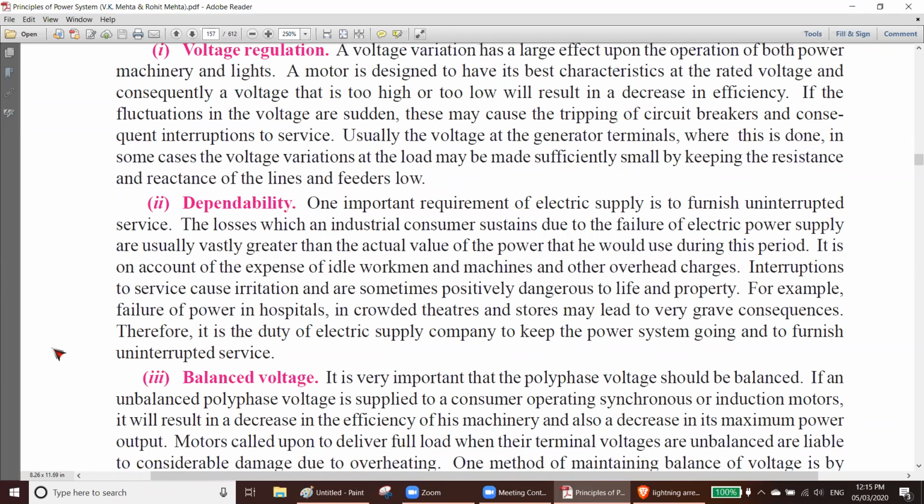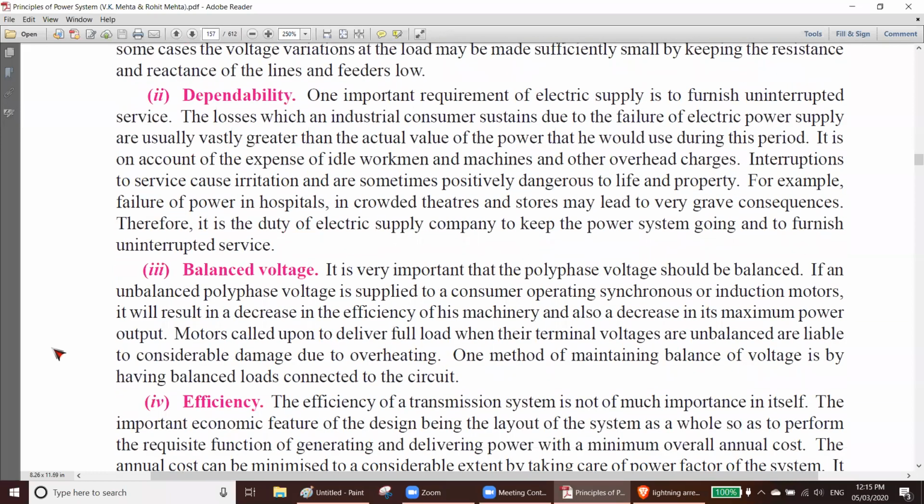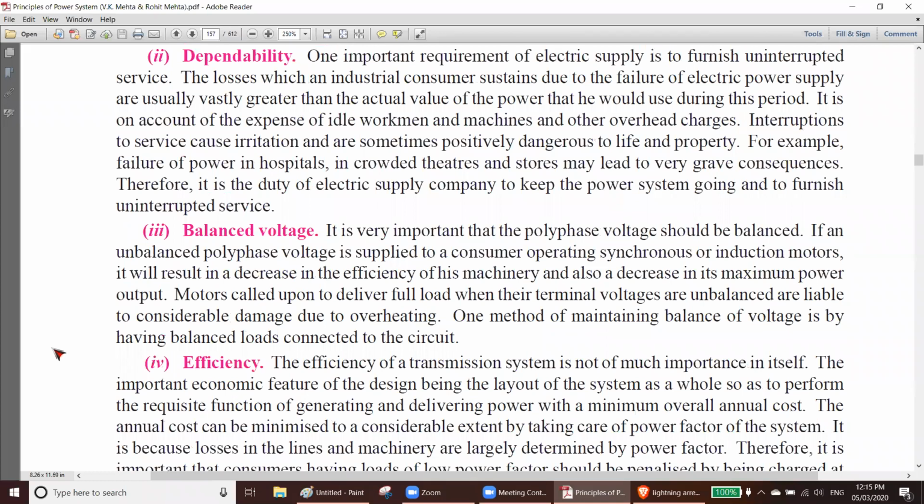Obviously your supply company should give you uninterrupted power for 24 hours a day. So that is dependability. You can depend on your power supply company. Bangladesh does not have different companies, all of them are government.